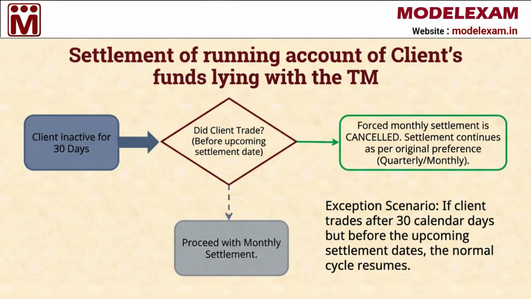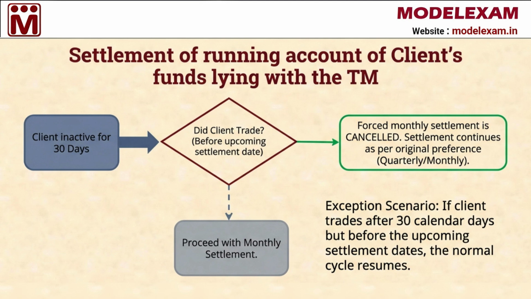This 30-day inactivity rule is extremely powerful because it acts as a strict regulatory mandate that actually overrides your personal choices. For instance, imagine you initially selected the quarterly settlement option.